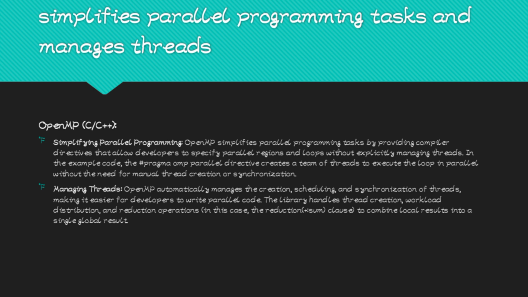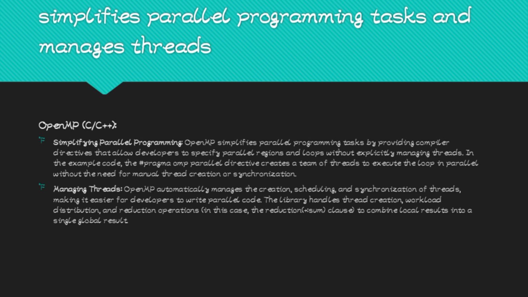With OpenMP, or Open Multiprocessing, one of the ways it simplifies parallel programming is by providing compiler directives that allow developers to specify parallel regions and loops without explicitly managing threads.